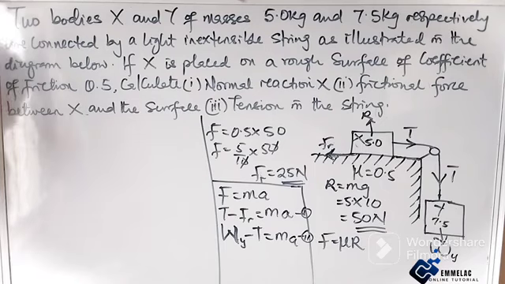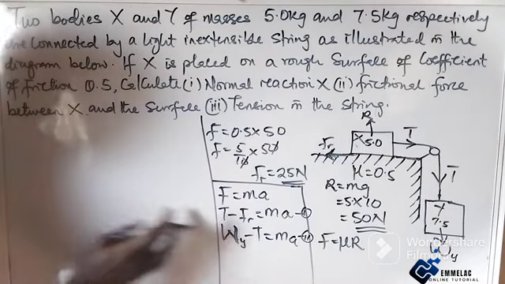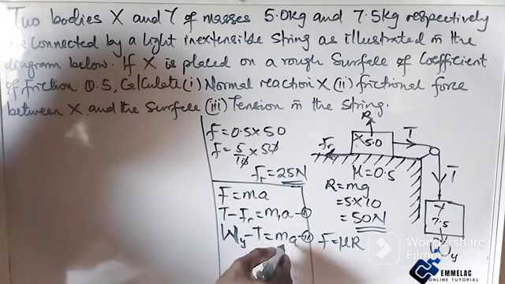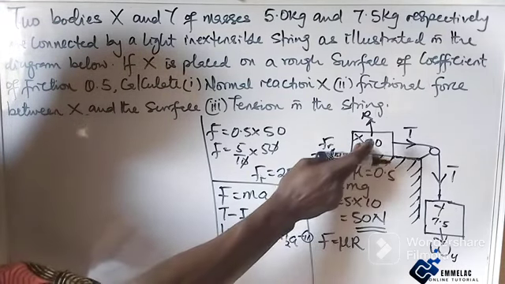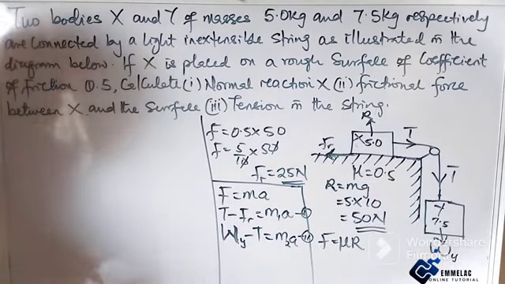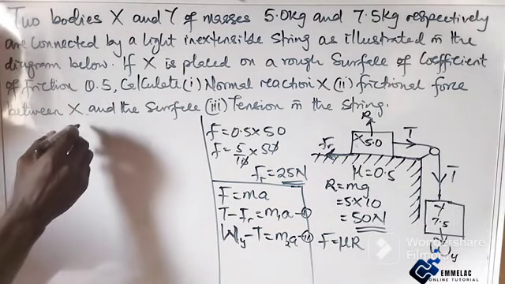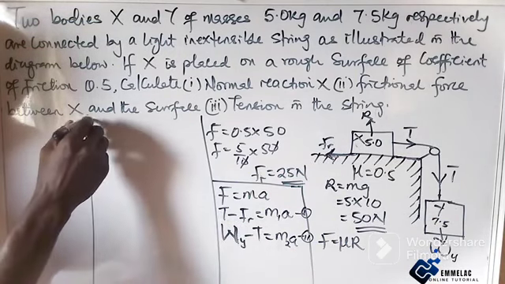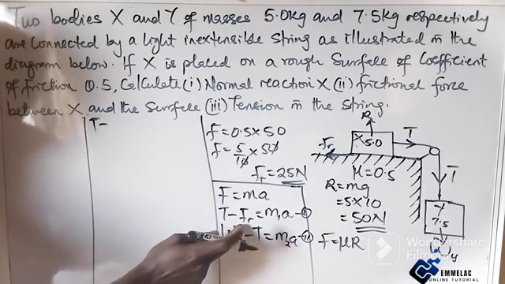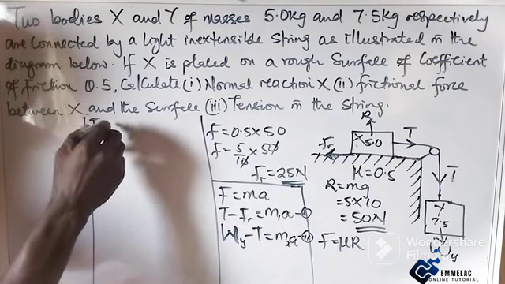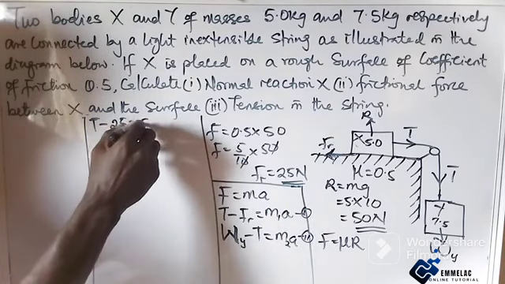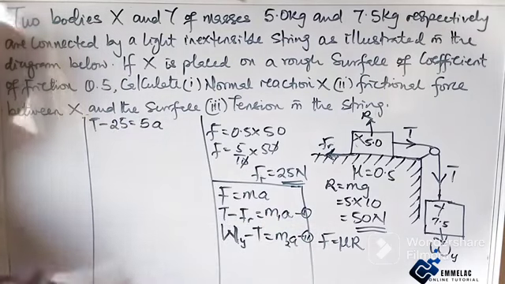Alright, so with this now, since we are looking for tension, this is M1 and M2 because this mass is different from this one. So here we can now say the tension minus this frictional force, and the frictional force is given as 25, equals M1, which is 5a.